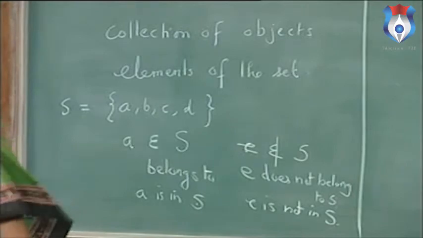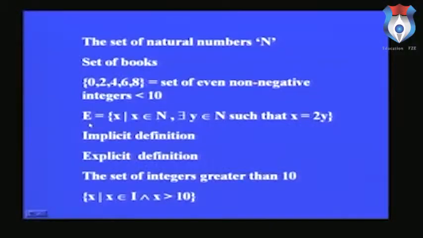Now, you can also have a definition like this. For example, the set of even non-negative integers, we can say that E is equal to the set of x, where x belongs to N, it is a non-negative integer, and there is a y belonging to N such that x is equal to 2y. This denotes the set of all even non-negative integers.